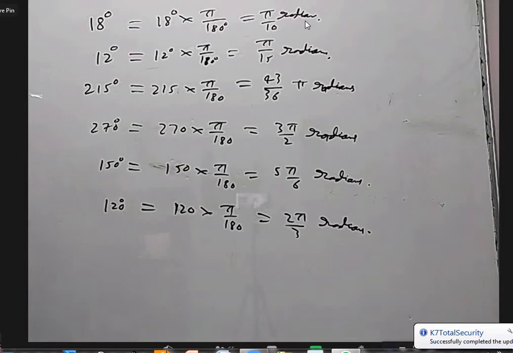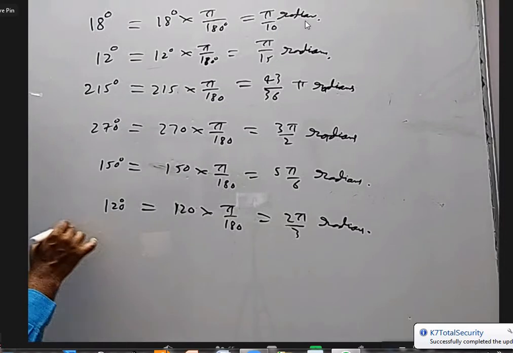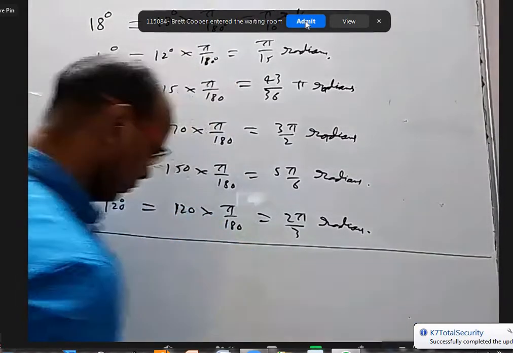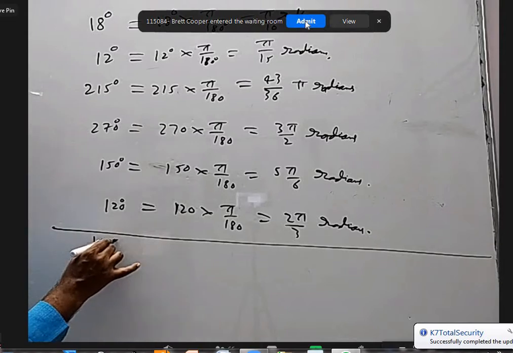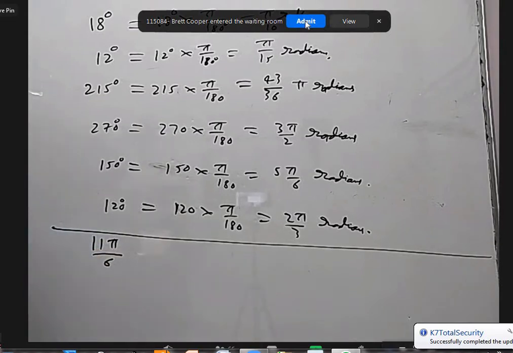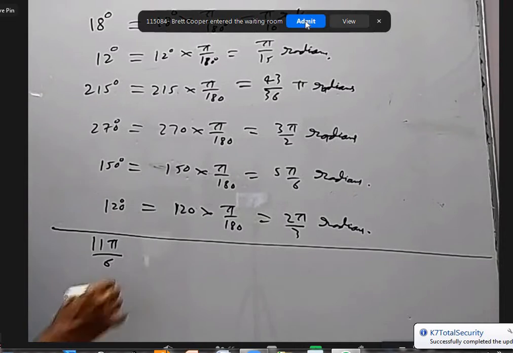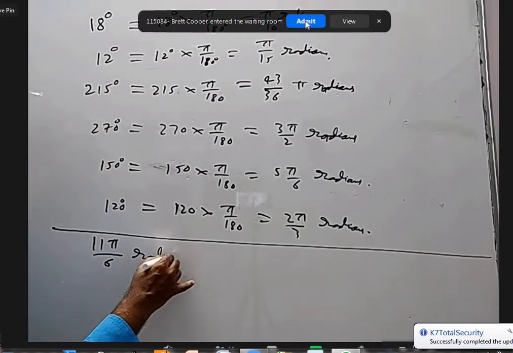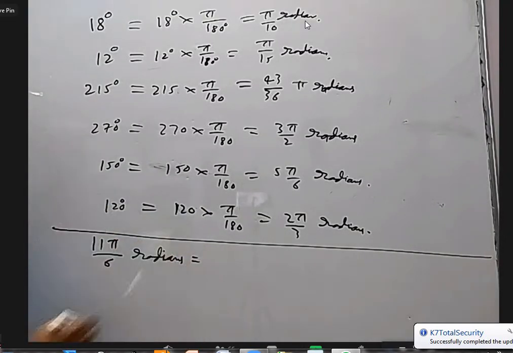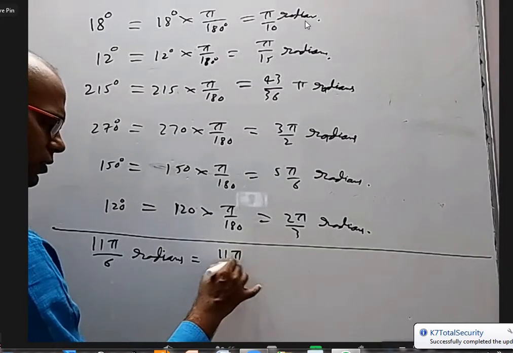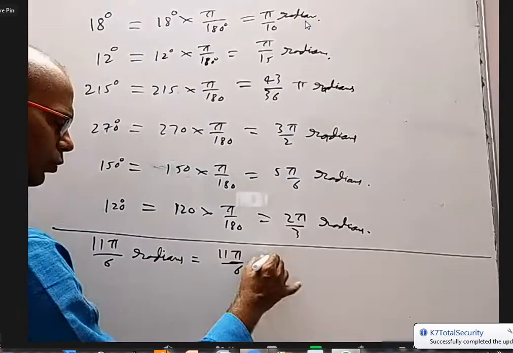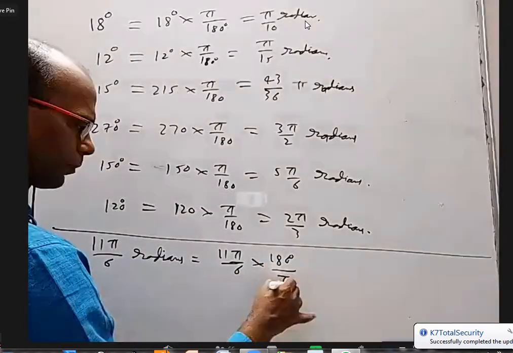Now if you want to convert radians into degrees, you have to multiply with 180 by pi. Let us say I want to write 11 pi by 6, which is in radians. I want you to write it in degrees. 11 pi by 6 multiplied with 180 degrees by pi.